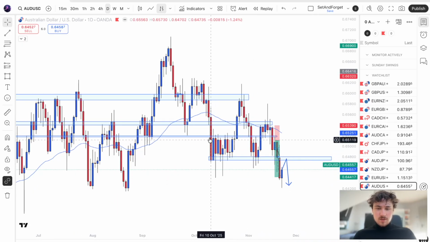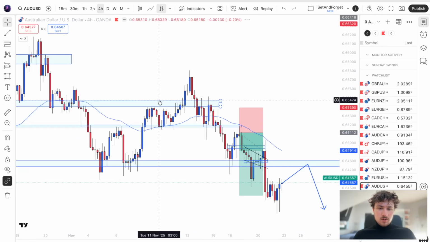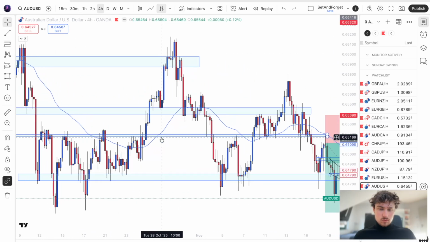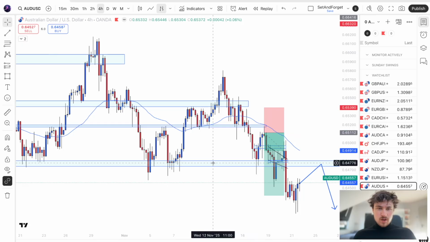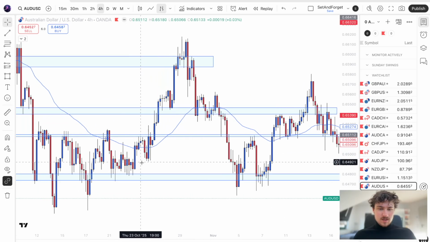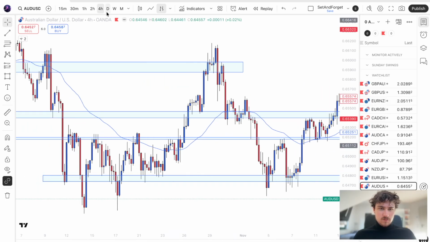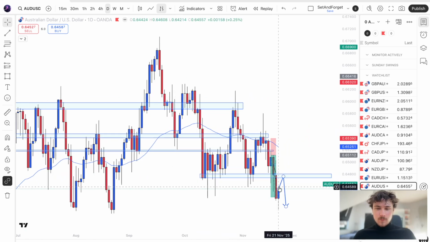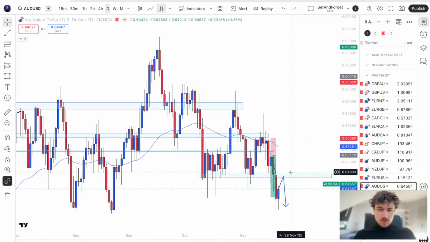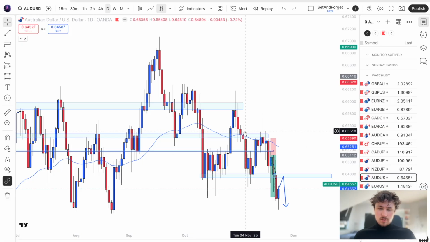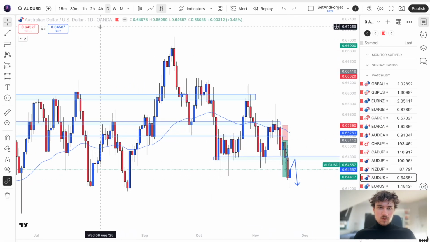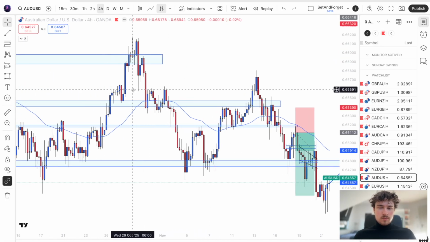Yeah, maybe something like this. I don't think it's very clean on the lower time frames. I wouldn't know where exactly to enter, but I guess this would be my area of interest, and then move up there, and then the move to the downside. But I'm not too sure about it.